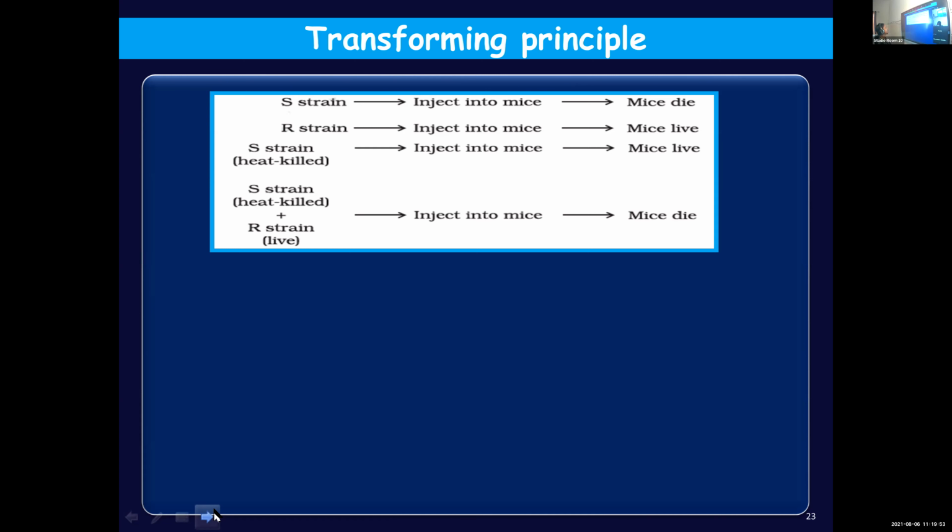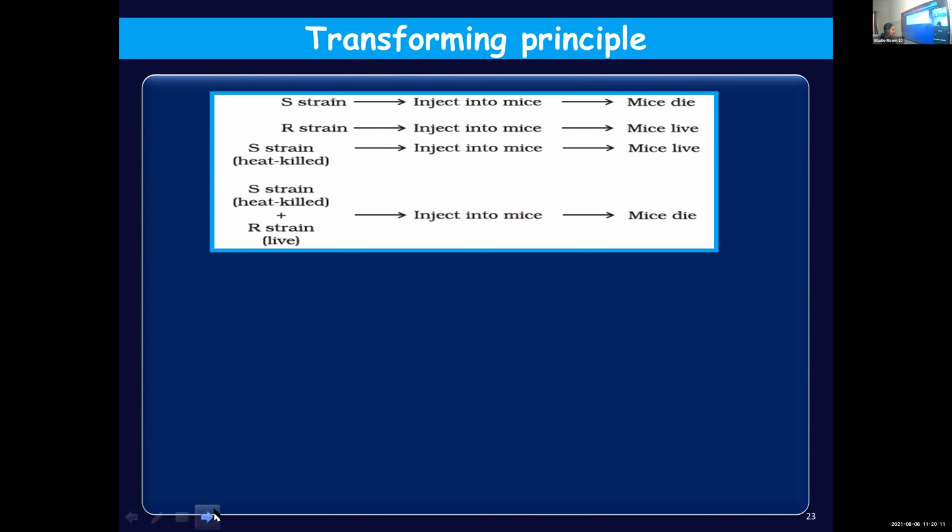And later, he heat killed the S strain. Heat killed means by exposing it to a high temperature, the S strain was inactivated, and these bacteria were injected into mice, and here also the mice survived.